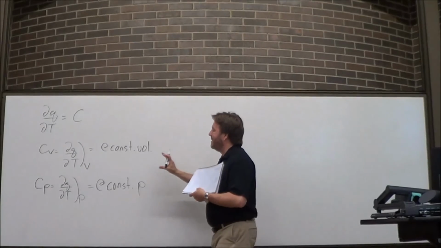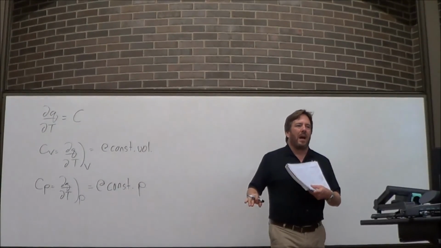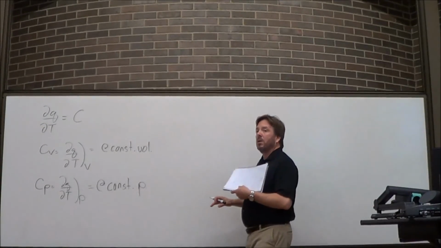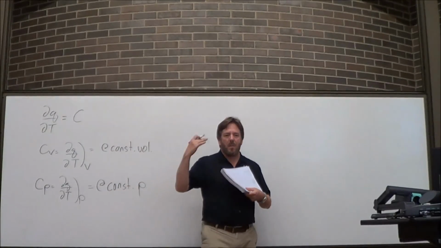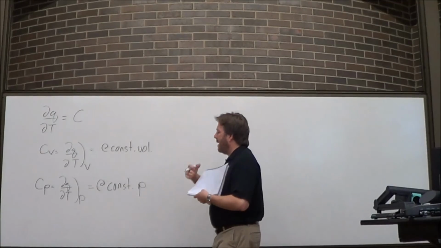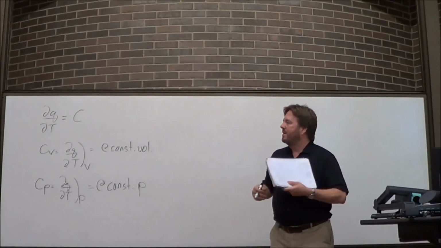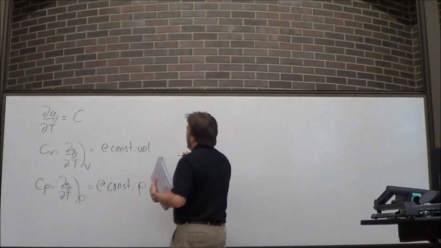And remember, the reason was because these are not the same numbers. So to get the same temperature change in my balloon, I would have to add more heat because this is a bigger number. And remember, I told you how to mentally walk your way through that. But the big picture is the balloon expands and I lose some of that energy. So what else did we talk about?